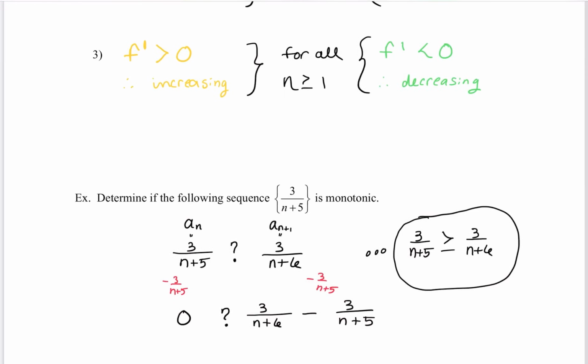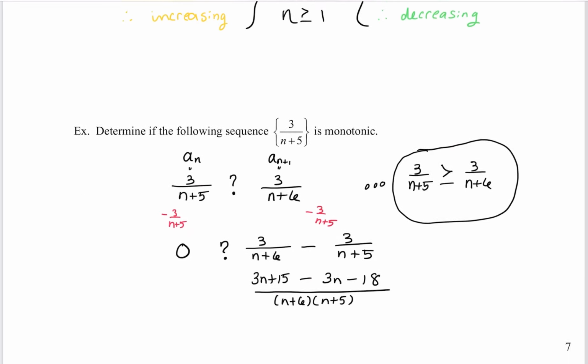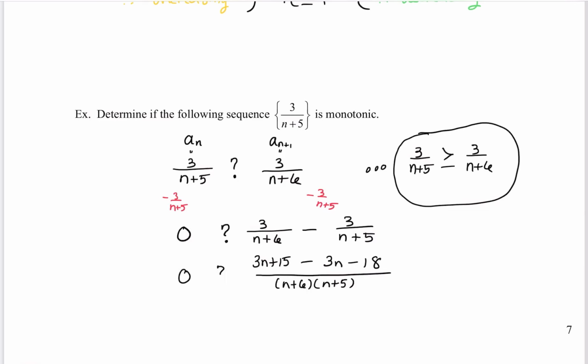All right, so let's go ahead and compute this to get a common denominator. You would have 3n plus 15 minus 3n, distributing through the negative, minus 18, multiplying each one by the other denominator, all over the product of n plus 5 and n plus 6. And so I now have the 3n's go to 0. I have negative 3 over my n plus 6 times n plus 5.